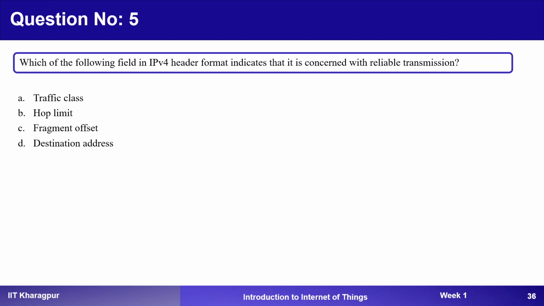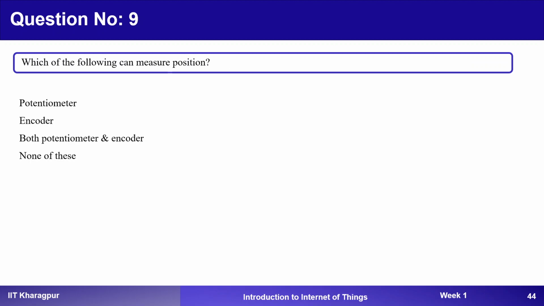Yeah, because potentiometer is only for adjusting the resistance to increase or decrease the voltage, I think. Both potentiometer and encoder can be used. So basically your potentiometer sensor measures the distance and displacement of an object in a linear or rotary motion. So with the help of this, you can get the position also.